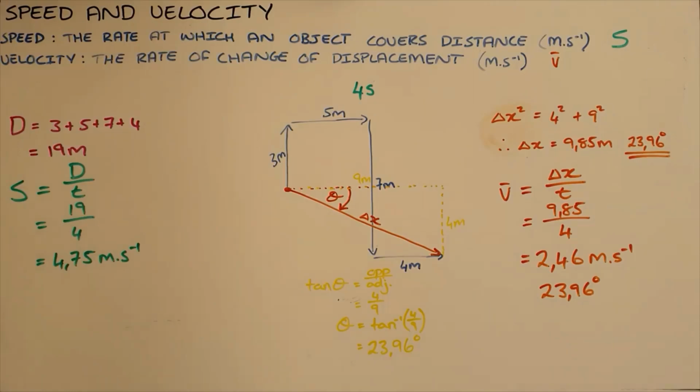It's important to understand the difference between speed and velocity. The one is a vector quantity and the other is a scalar quantity. Velocity is far more commonly used, and it's important to remember that velocities must always be given with a direction.